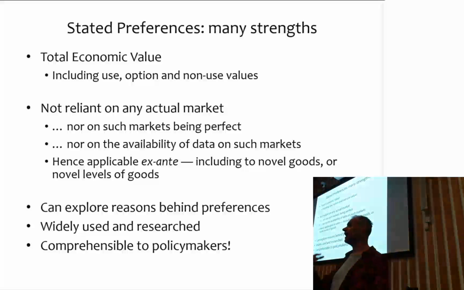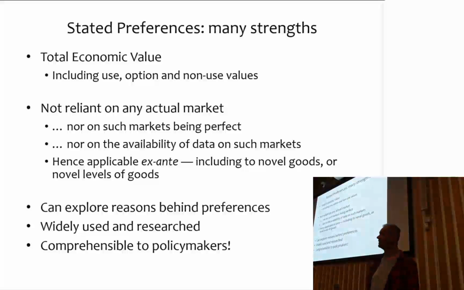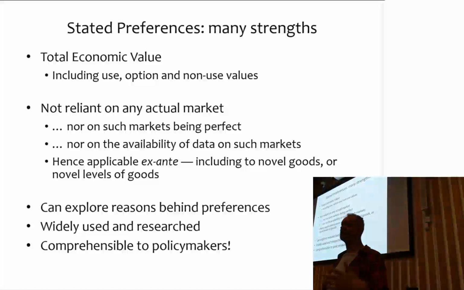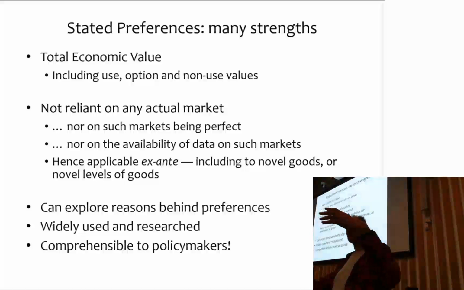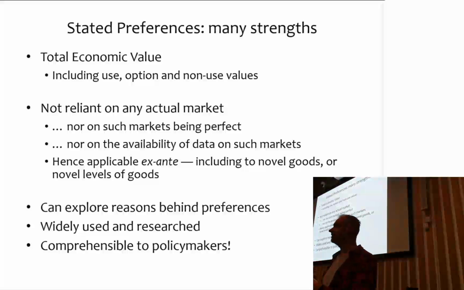Oftentimes when you rely on third-party data providers, or on secondary or administrative data, there are things in the data that you would have liked to see but are not there. If you use administrative data from France, for instance, then because France has this pretense that everybody is equal, they do not collect data on religion or ethnicity, because that does not exist officially in France.